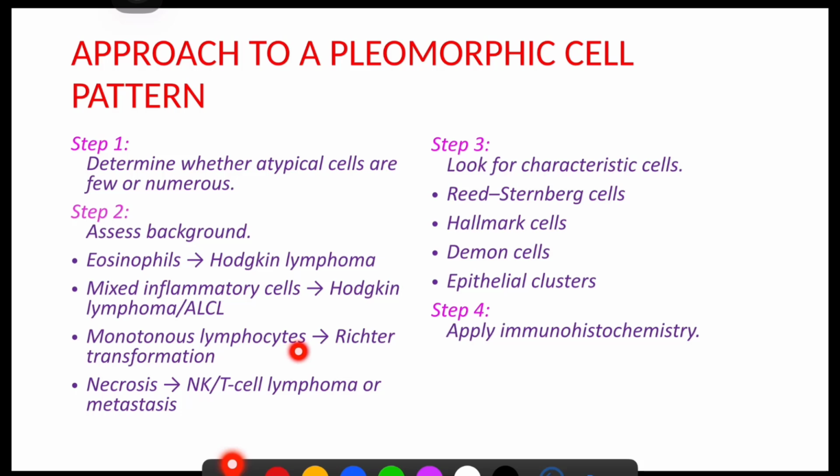If monotonous lymphocytes are seen, Richter's transformation. If necrosis is present, then natural killer or T cell lymphoma or metastasis. Now go to step 3: look for characteristic cells, whether Reed-Sternberg cells, hallmark cells, Dammon cells, or epithelial clusters. The last step is to apply immunohistochemistry. So now let's see ALCL and what a hallmark cell and Dammon cells are in detail.